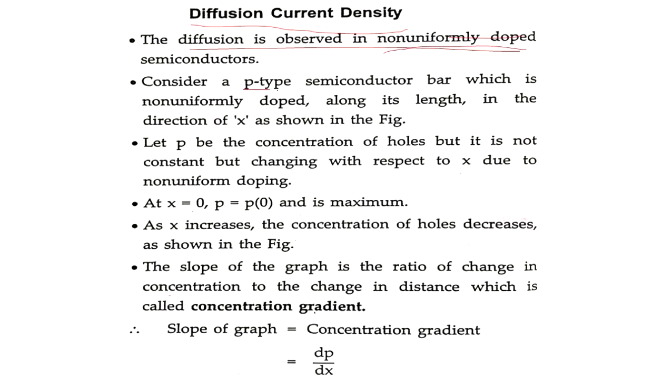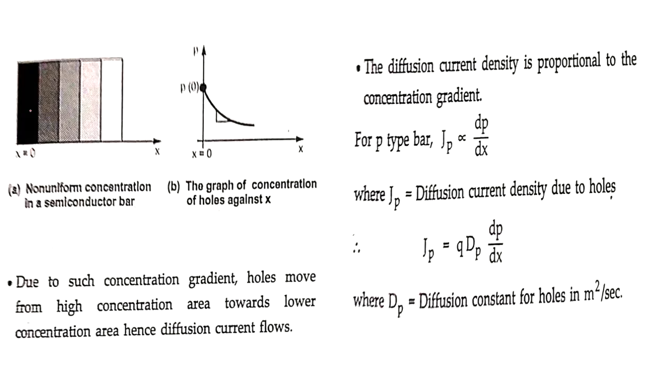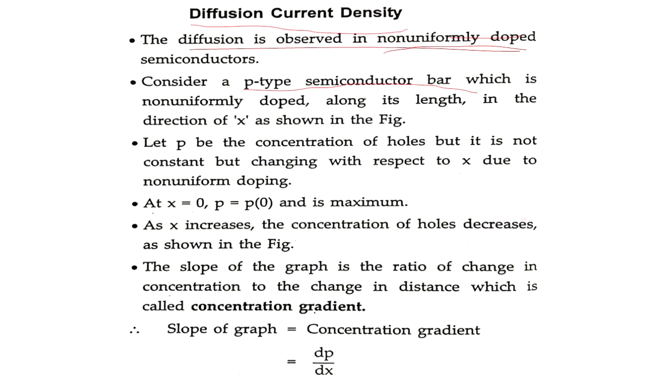So if you consider the p-type semiconductor bar, taken in the x direction, this is the point where x is equal to 0. At x is equal to 0, that is the initial position, p is equal to p(0), which is the maximum, where p is the concentration of holes.